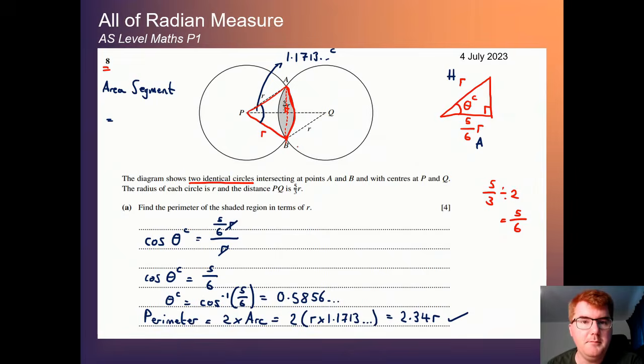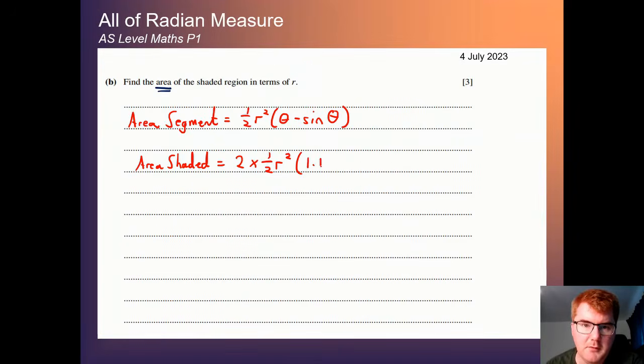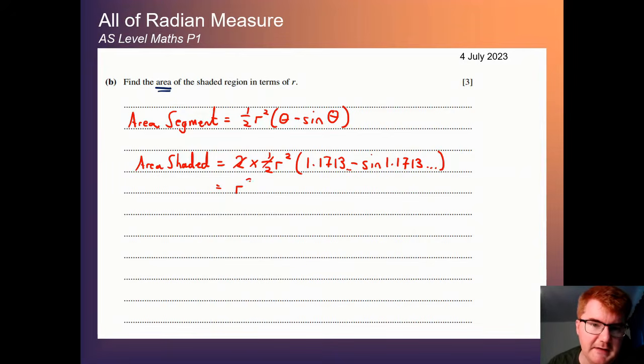So if we go back, we worked out theta already. So this is the 1.1713. So 1.1713 minus the sine of 1.1713. Again, at this point, we can actually simplify this fairly straightforwardly. This cancels, so we're just going to get an r squared here. Then we just work out what's inside the bracket.